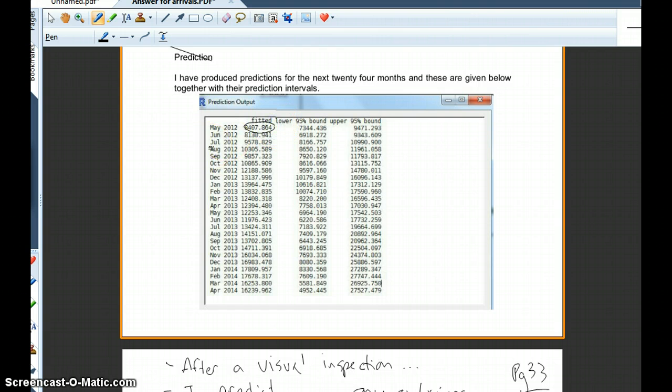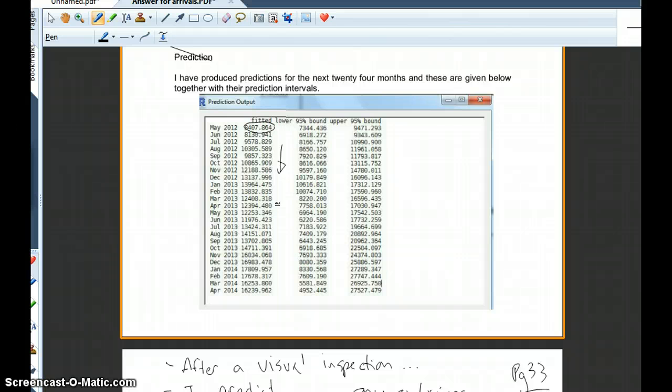And don't give me the decimals or the 407, just give me 8,400. It's a prediction. You can't be too concerned about the decimals or even the ones column. And then you might want to have a look down here and look for maybe one that looks a little bit out of place as a prediction.